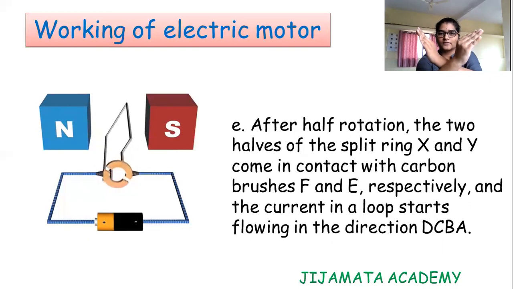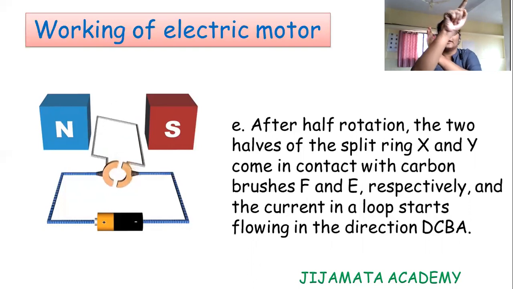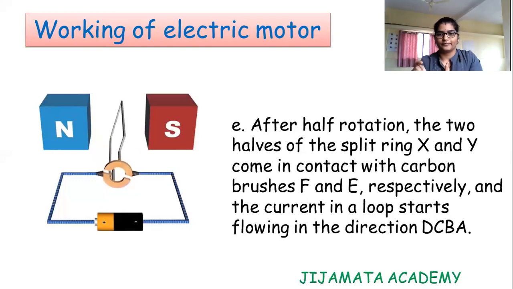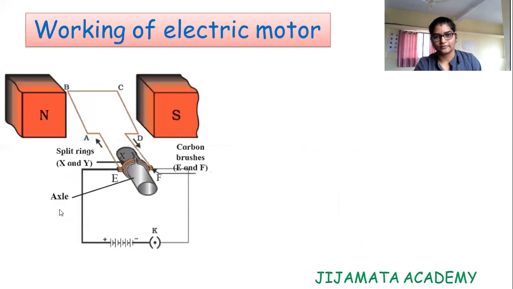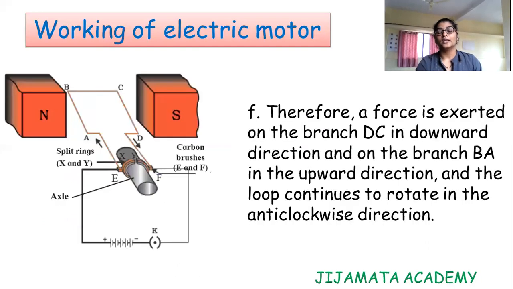And due to this crossing, the direction of the electric current has changed, and now electric current will flow as D, C, B, A. Electric current flows in opposite direction. Therefore a force is exerted on branch DC in downward direction.